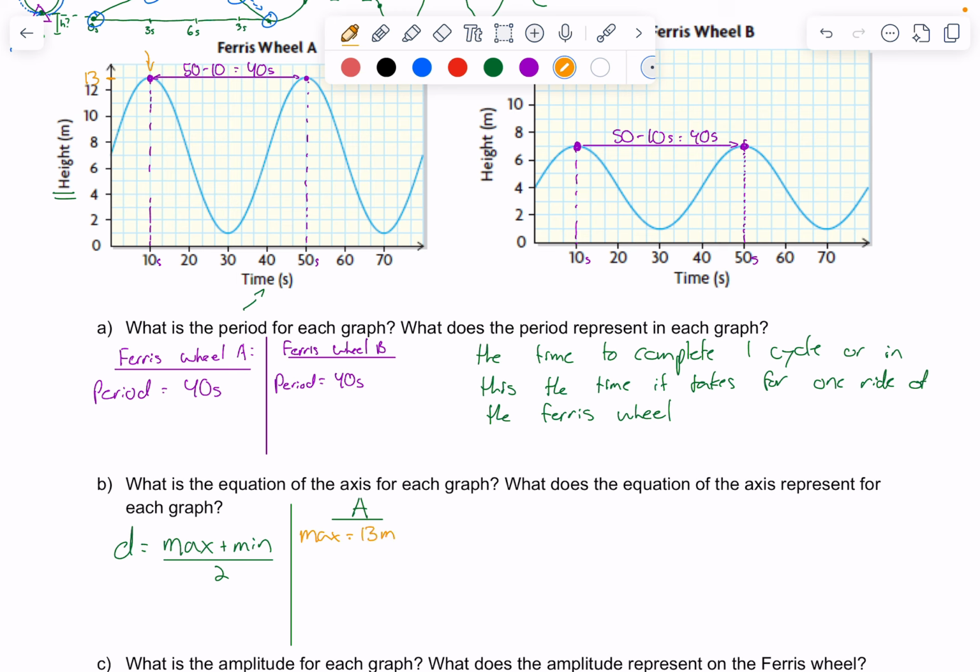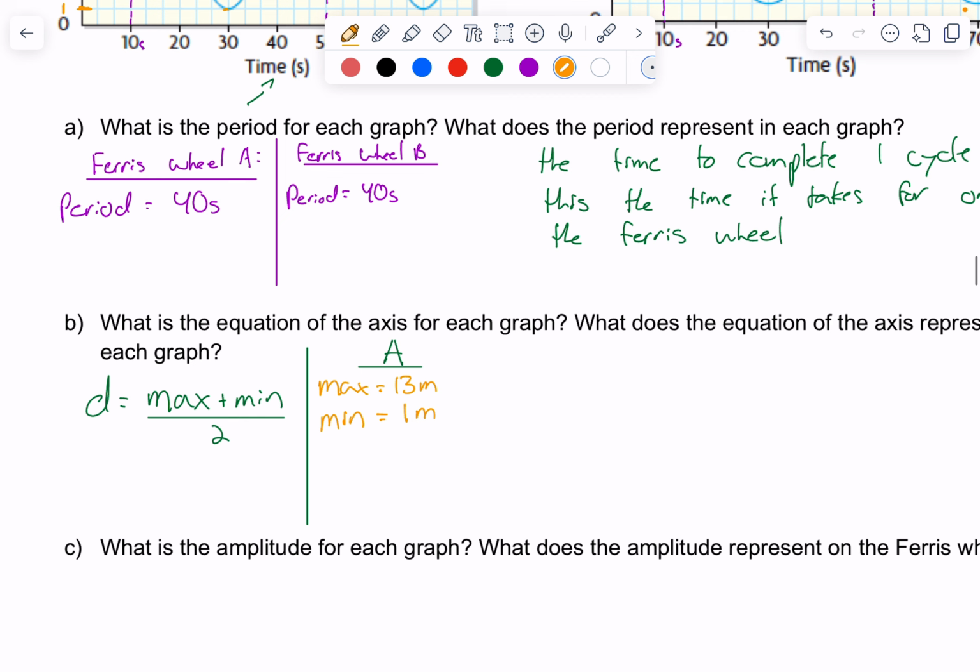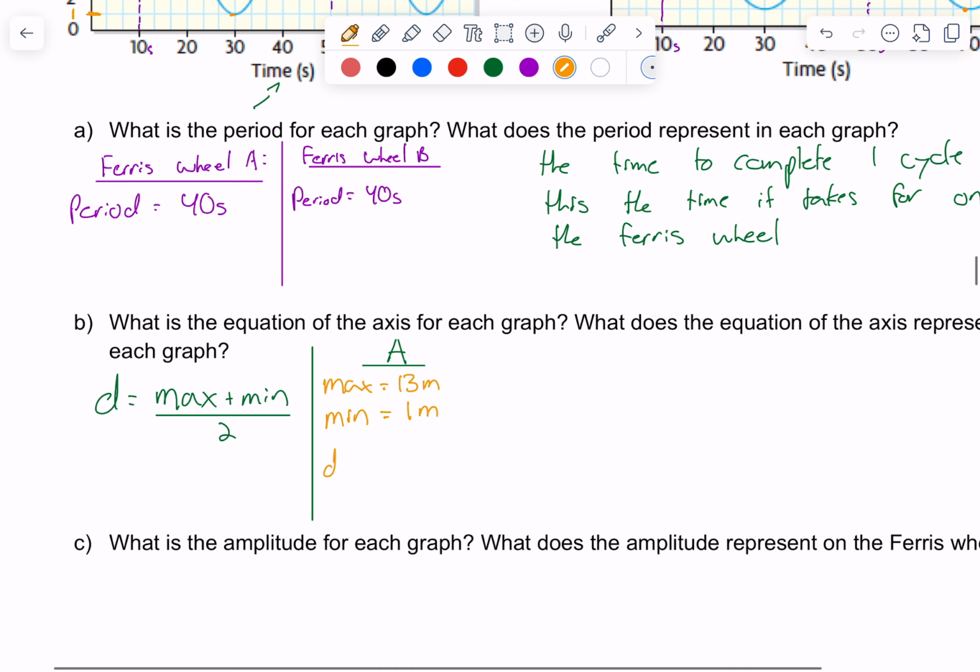And then you're hopping on 1 meter above the ground. So it might be like a platform that you're standing on when you get on the Ferris wheel. So the minimum for A is 1 meter. So then our D is 13 plus 1, divided by 2. So that's 14 over 2, or 7 meters, okay?